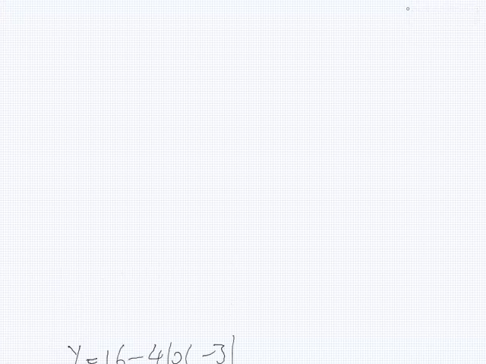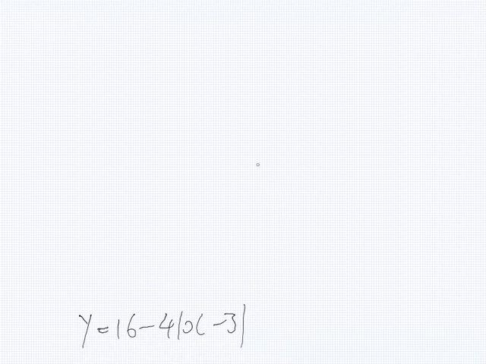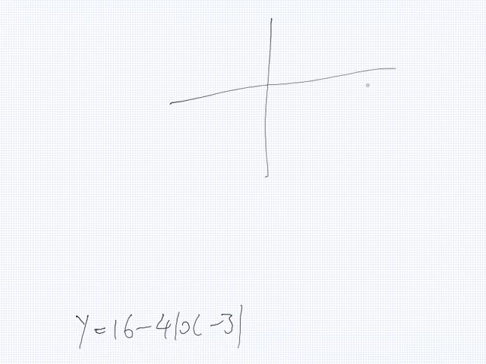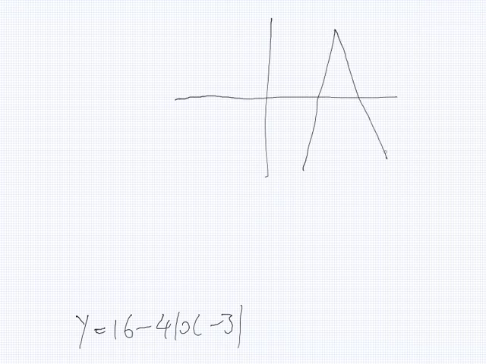Right. So do you remember what this graph looked like? Let me draw at least a horizontal line. This graph looked like this. So let's say, what about this graph? Y equals the absolute of 16 minus 4 absolute x minus 3, absolute.